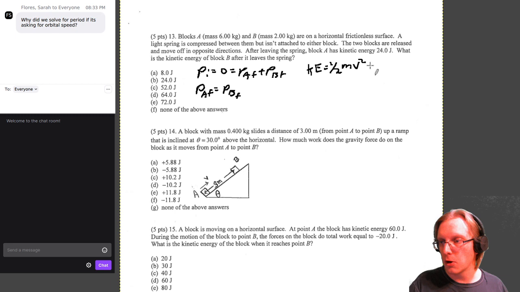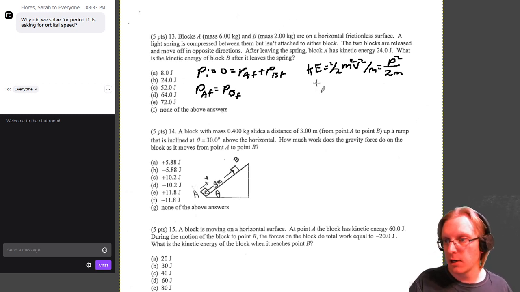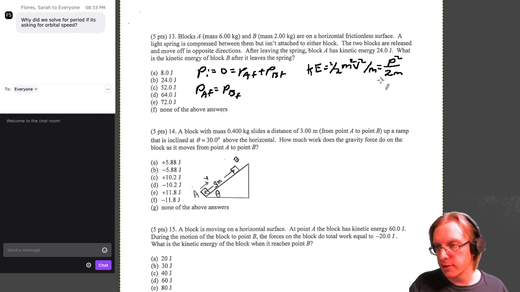So if we multiply that by m and divide by m, we square that and divide by m. We now have p squared divided by 2m. So we have a kinetic energy.